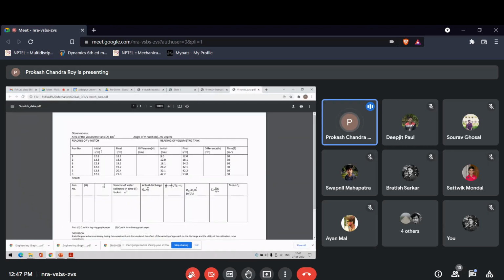So I will hand over this sheet also. So you will write this data. They have taken the 6 number of data set. Okay, so only you need to calculate the CD and determine the mean CD, that is average.